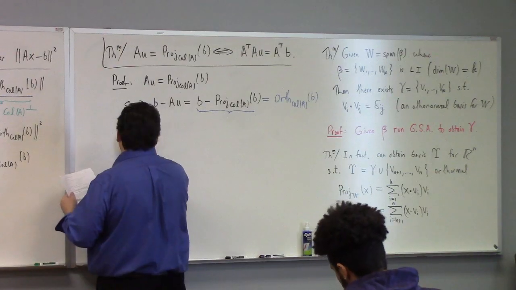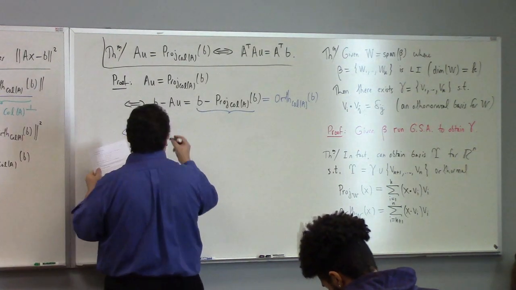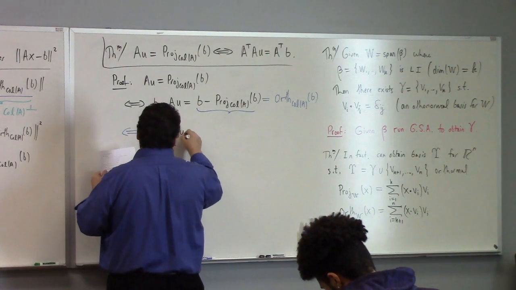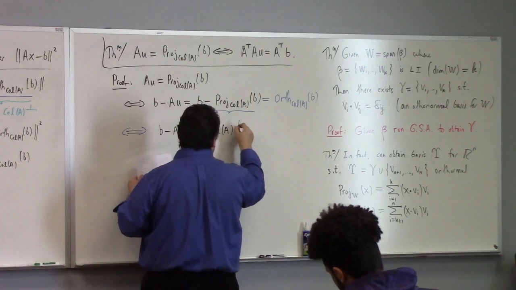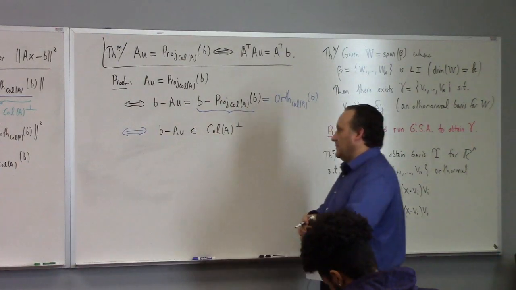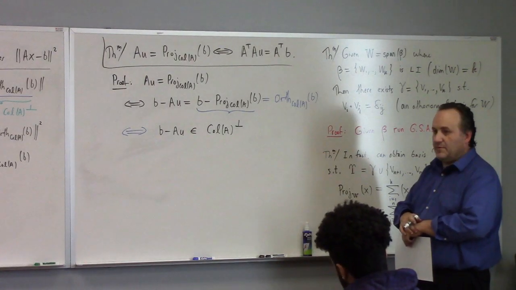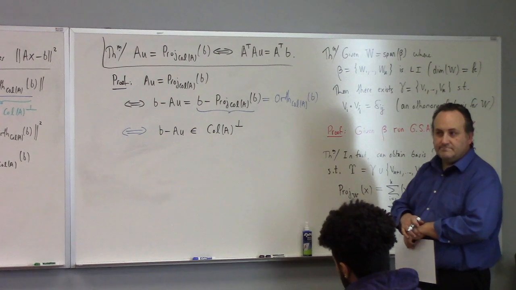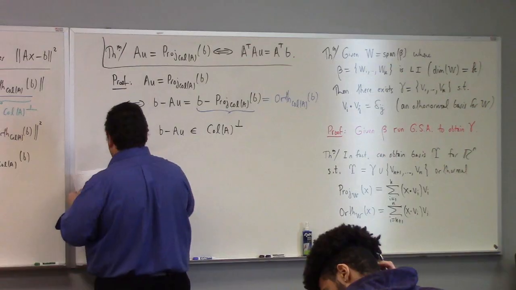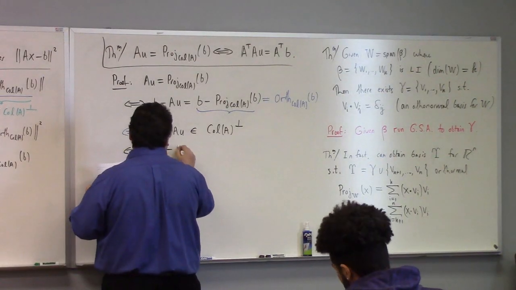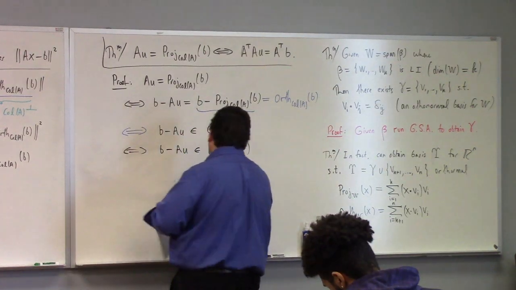But this is going to be true if and only if B minus AU is an element of the column space of A perp. Right? That's what the orth does, it puts you in the perp to the column space. But we have a characterization of that in terms of the null space of A transpose. So that means B minus AU is an element of the null space of A transpose.